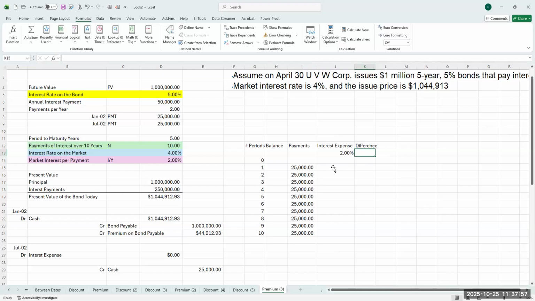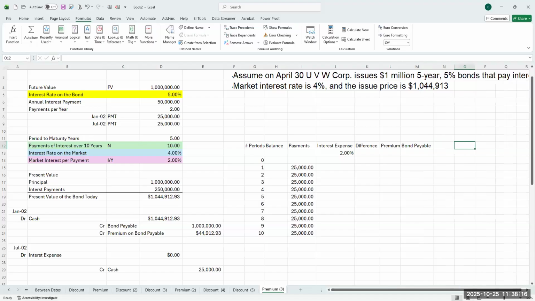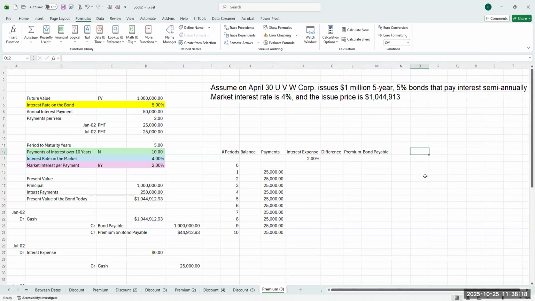The difference will be the interest expense minus the payment. We're going to see how much it is. Then we're going to have the premium, and the last one will be the bonds payable balance. And we can put one column here, which will be our check.